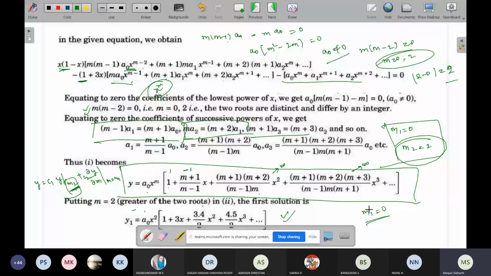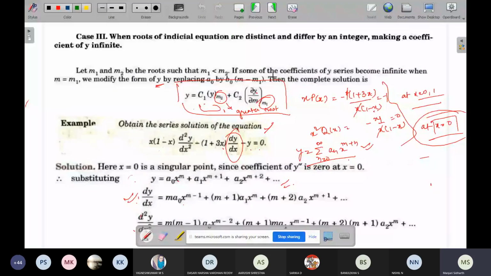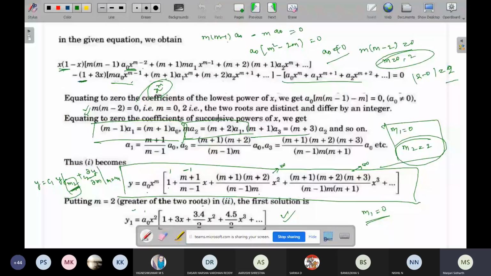So what do we do here? Read the statement: if some of the coefficients of the y series become infinite when m equals m₁, we modify the form of y by replacing a₀ by b₀(m − m₁). So to find the second solution we replace a₀ by b₀(m − 0), that is simply m.